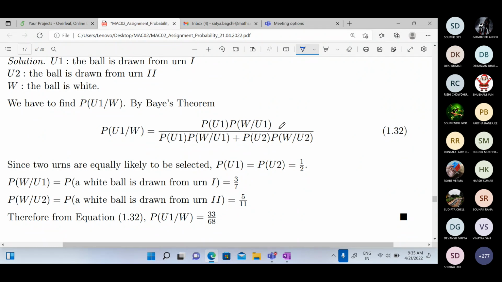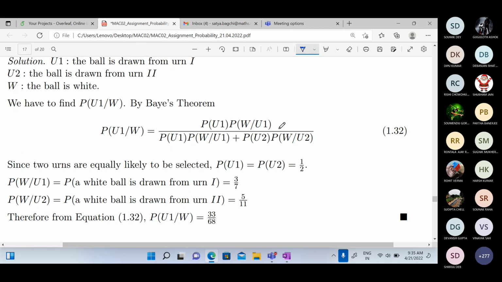Now our target is to find the probability of U1 given that a white ball is drawn. You can't find it directly. What information is given in your hand? You can't directly find the probability that, given a white ball is drawn, it is from U1.